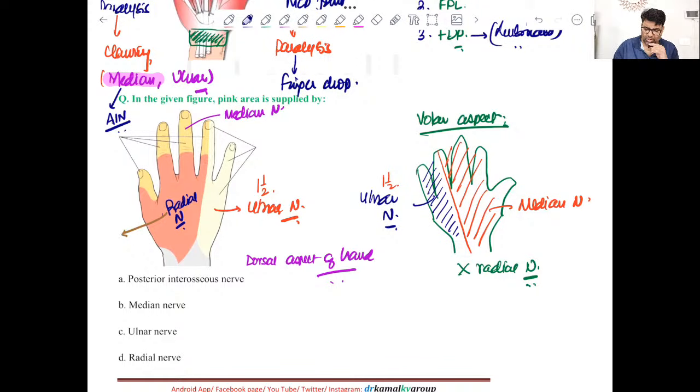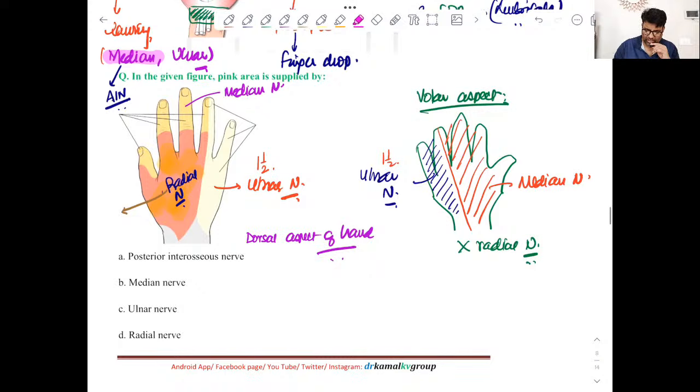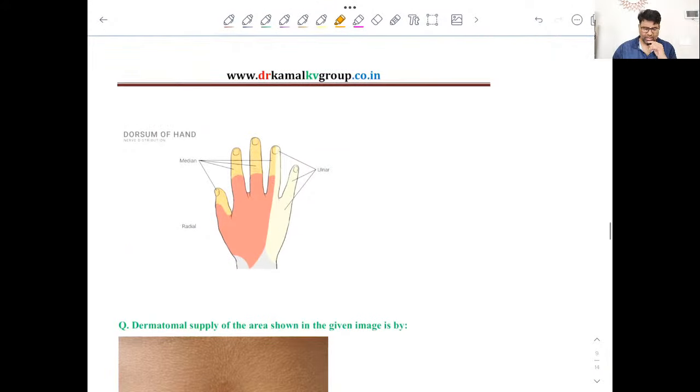So if someone asks you what is this territory, this is all radial nerve, and this orange is all median nerve, right? So the answer to this question will come out to be option D. Very good. So this is radial nerve, orange is median nerve, yellow is ulnar nerve, and 1.5 same, right?